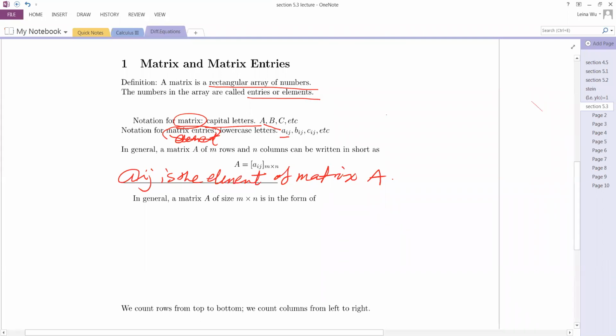So we just introduced matrix A and its entries. In general, a matrix A of size m by n is a big rectangular array of items.